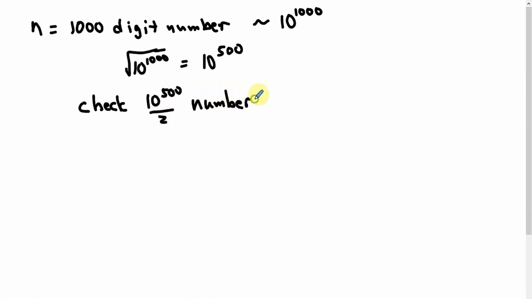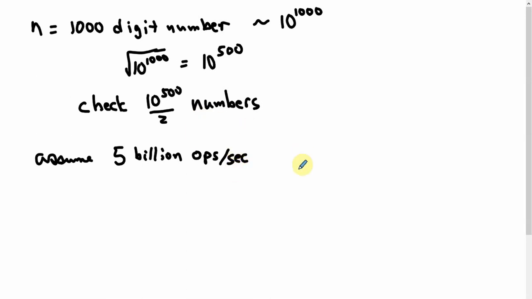We'd have to do that many trial divisions. Okay, could a computer do that? Let's assume that we have a computer that can do, a reasonable number would be like 5 billion operations per second. So let's assume it can do 5 billion divisions per second.